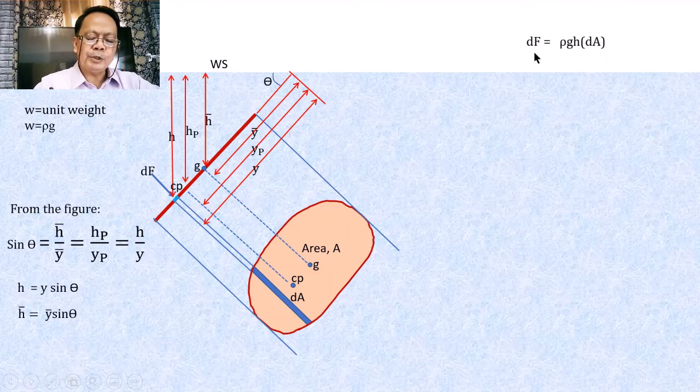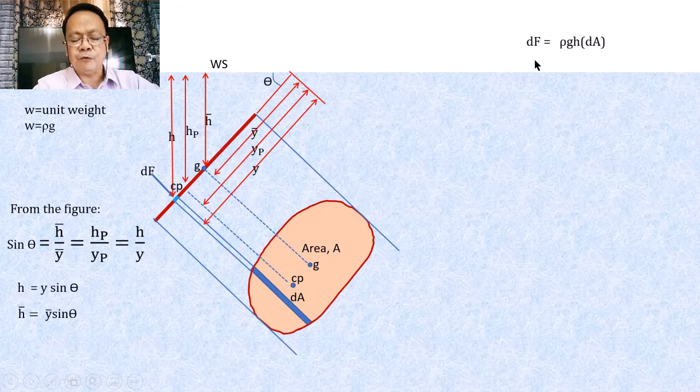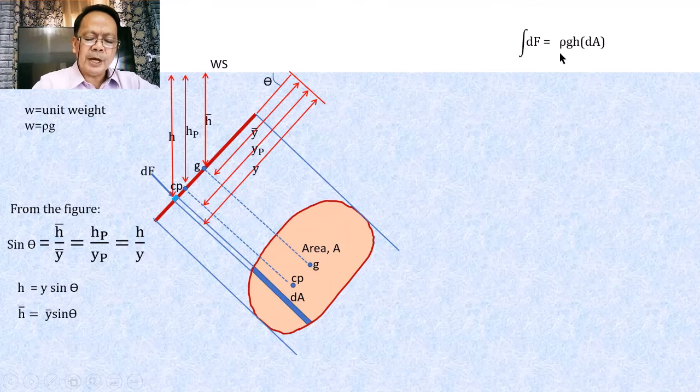Okay? When we say summing up this differential force, it is actually equal to the integral of those forces. And the summation of all those products will be the integral of the product of rho multiplied by g multiplied by H multiplied by the differential area. Di ba?